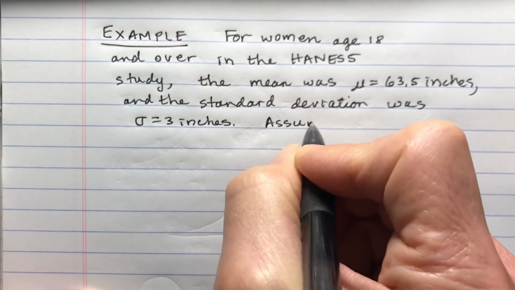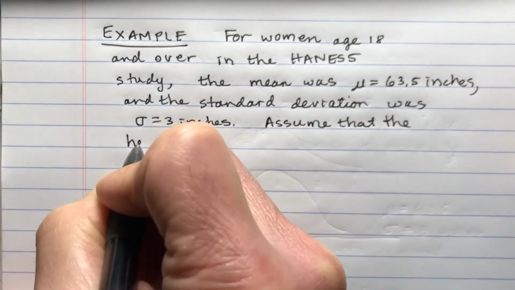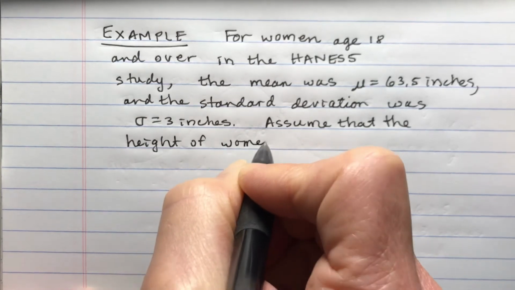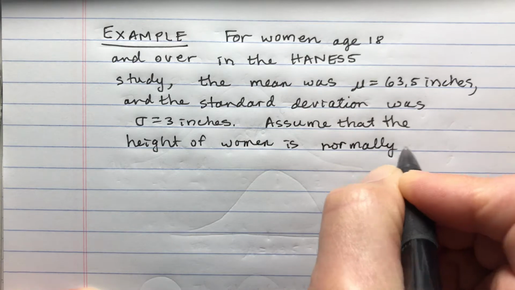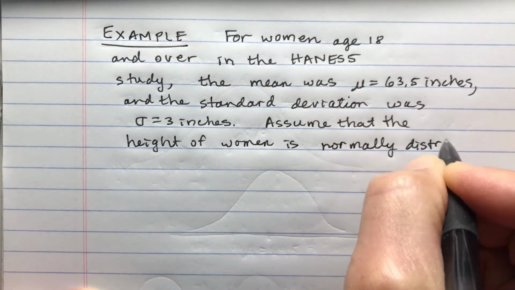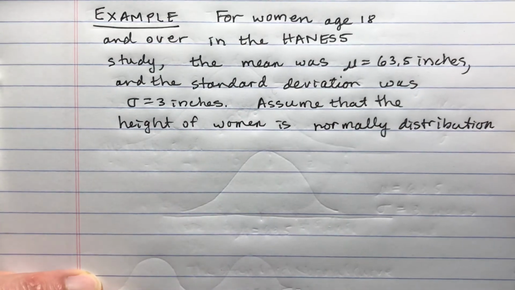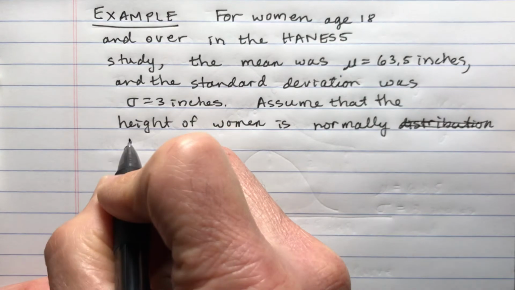Assume that the height of women is normally distributed, which is a pretty good assumption because evidence shows that's true.